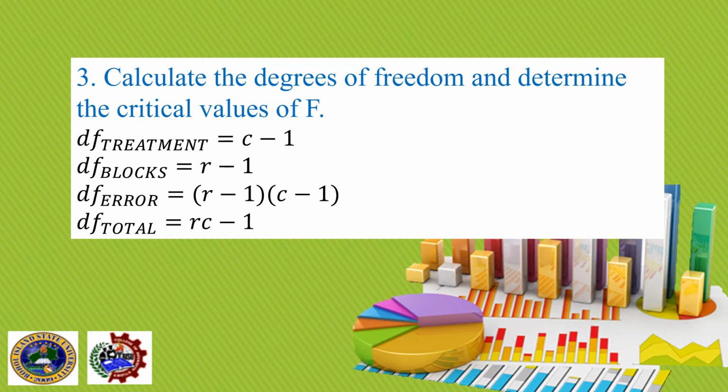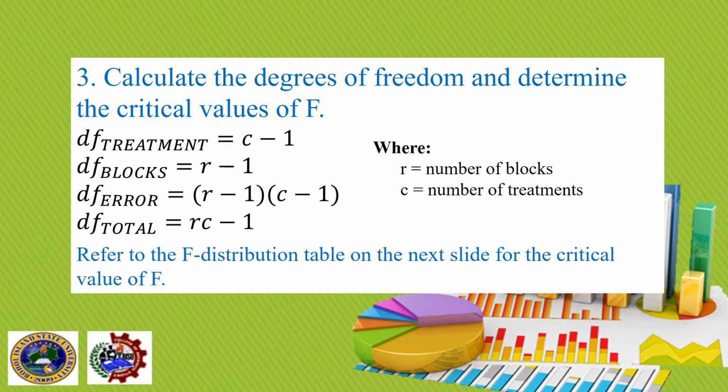And lastly, the degrees of freedom for total is equal to RC minus 1, where R stands for the number of blocks and C stands for the number of treatments. To determine the critical values of F, we will refer to the F distribution table, which will be shown on the next slide.